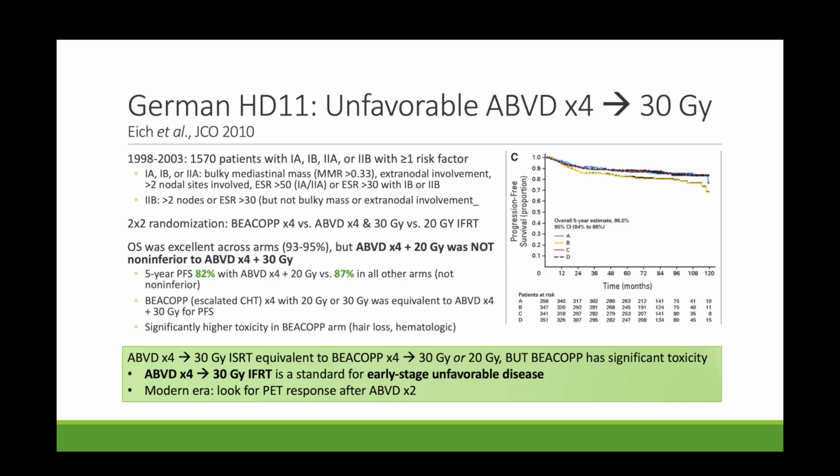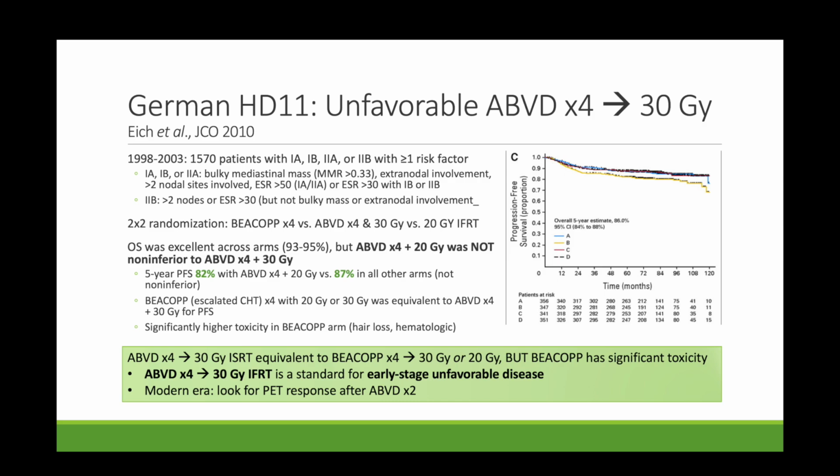So this trial included patients that were considered unfavorable per the German criteria, and they underwent a 2-by-2 randomization. So the randomization was to BEACOPP for 4 cycles versus ABVD for 4 cycles, and the second randomization was 30 gray versus 20 gray of involved field radiation.